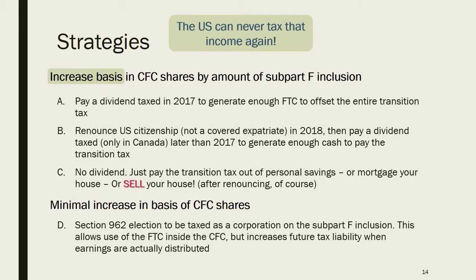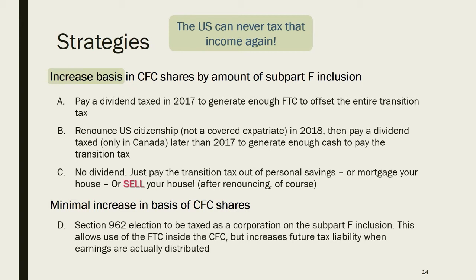So our first strategy here under A is we're going to try and offset that $158,000 with local, in this case, Canadian tax. The way we're going to do that is to pay a dividend out of the corporation so it's taxed on the same tax return as the transition inclusion comes in, and to generate enough foreign tax credit.